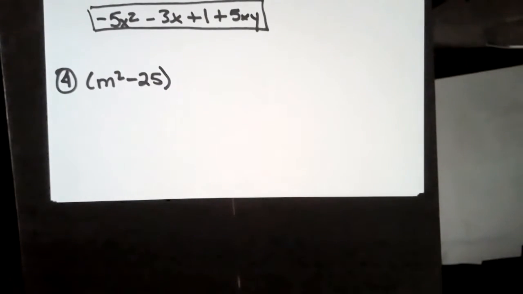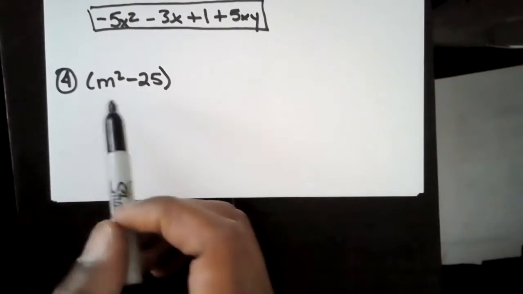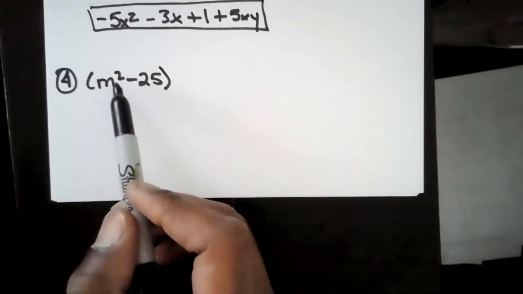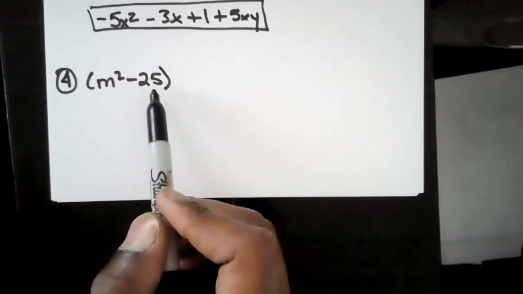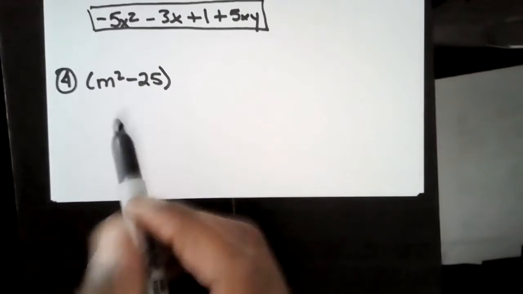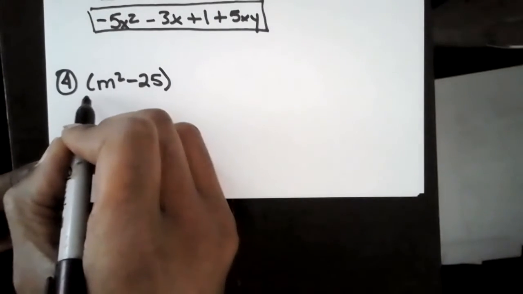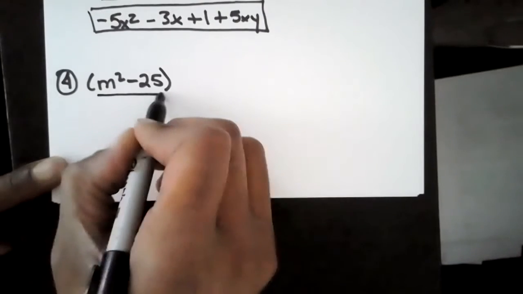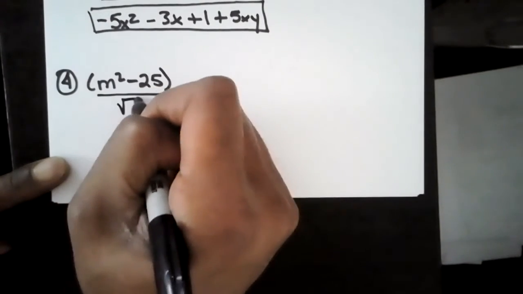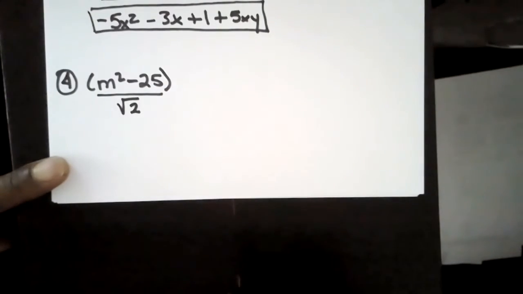So in order to get another expression for this, you're going to have to do what? We see a square root here, and we see that there's a number that could be square rooted, right? So what we're going to do, because this is being multiplied to m to the second, we're going to divide by the square root. Okay?